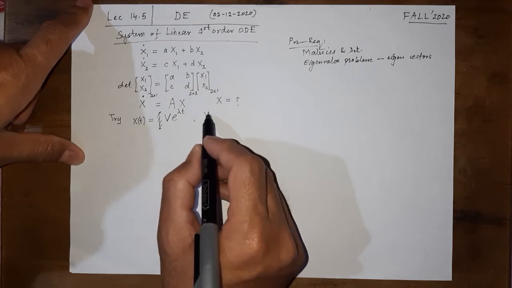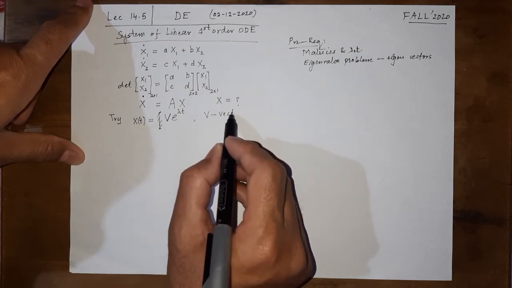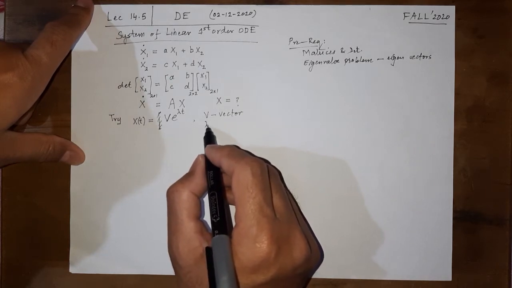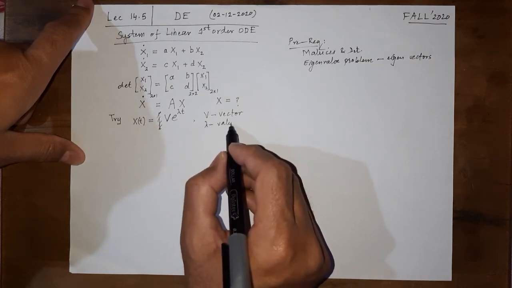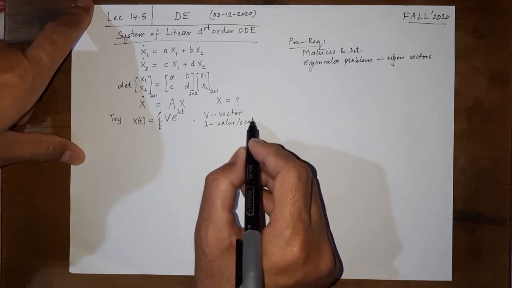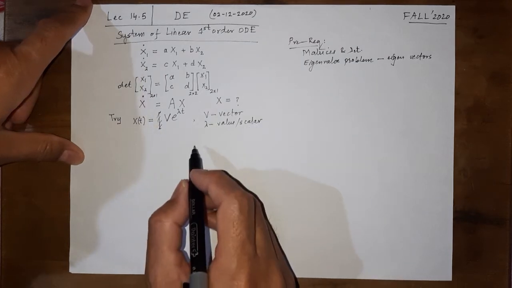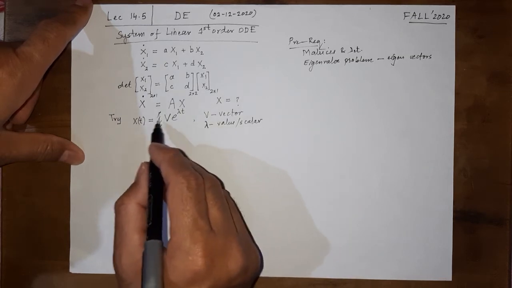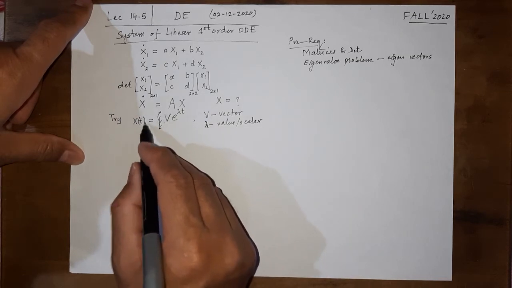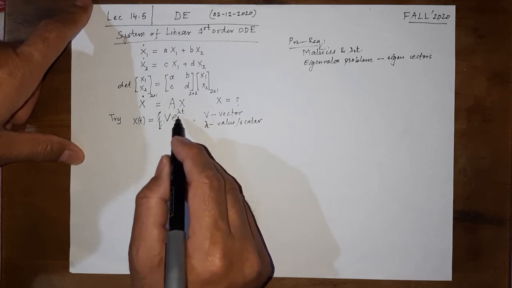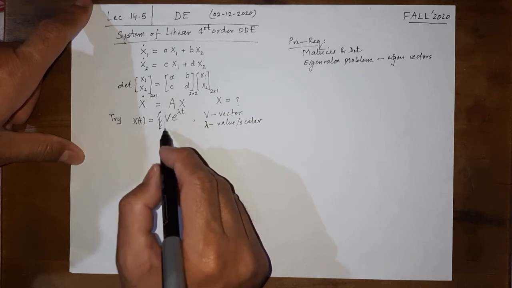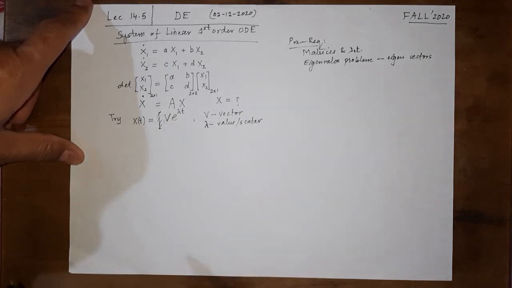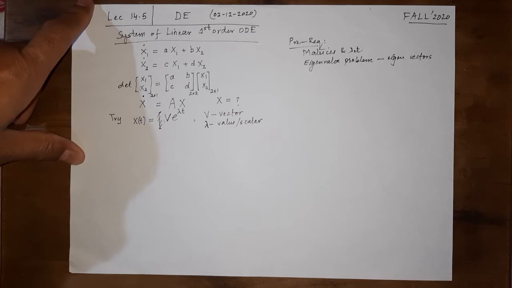The important thing to note is that v is a vector, a column matrix, and lambda is a scalar value. So lambda is a value, v is a vector, and because of this vector, this is also a vector. E raised to the power lambda t just gets multiplied by the two elements of this vector v. So let us try this to be our solution.